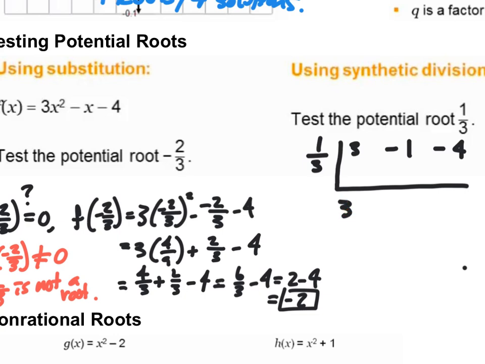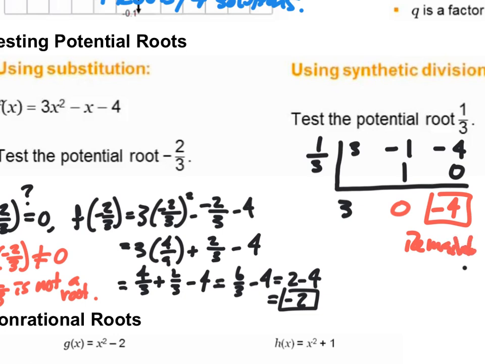If I put a value of 1 here, then I do -1 plus 1, which gives me 0. Then I'm going to do 1/3 times 0, which gives me 0, and then I take -4 plus 0, which gives me -4. This is my remainder.